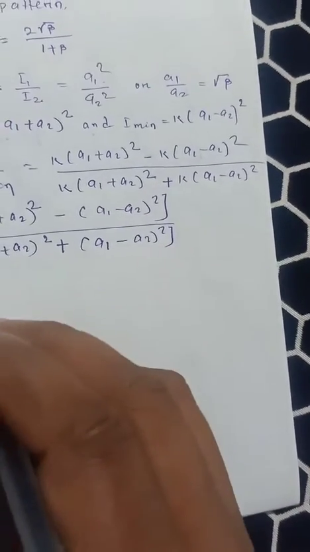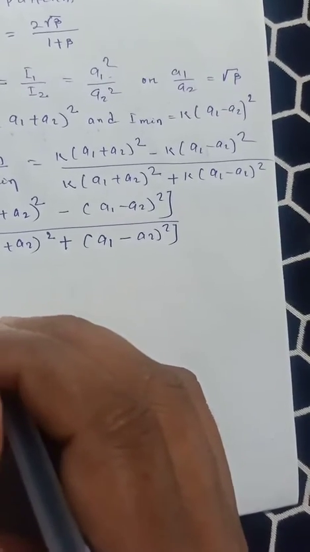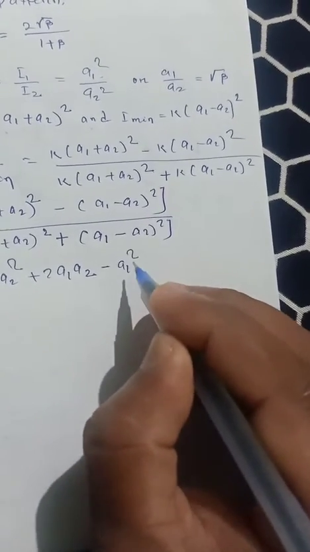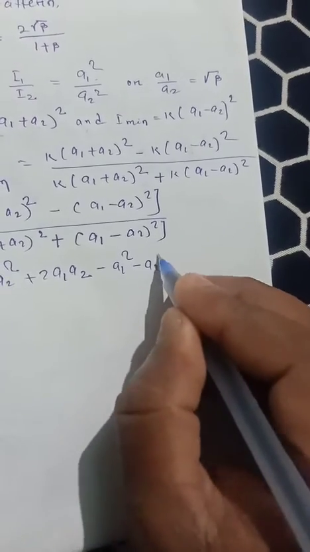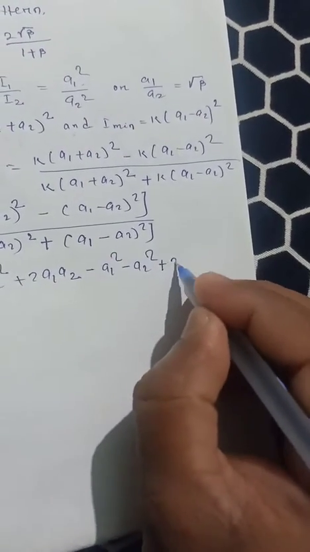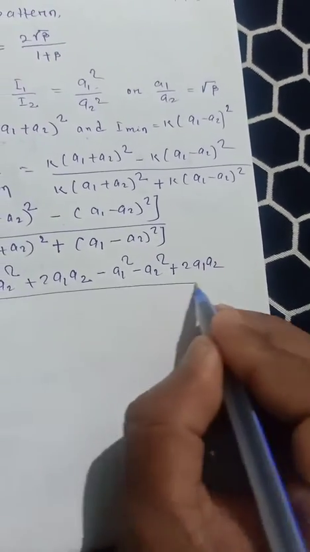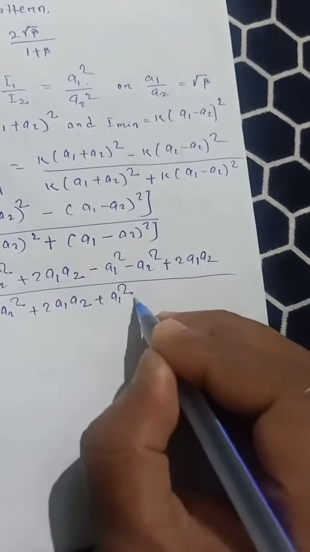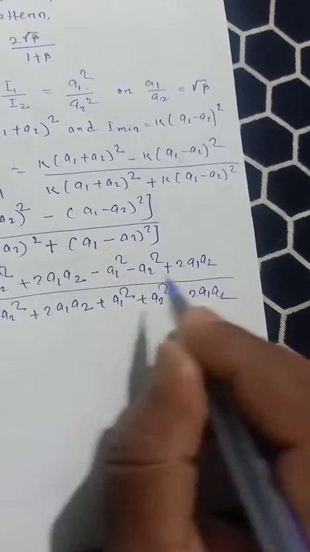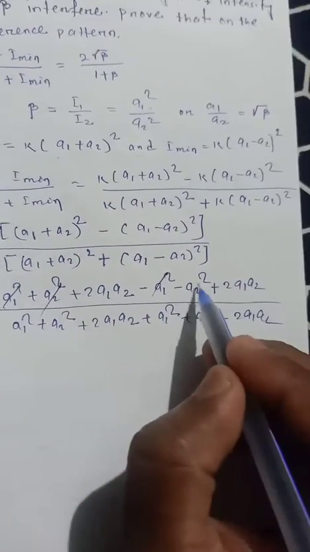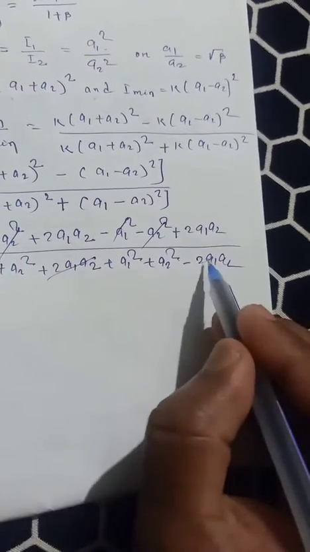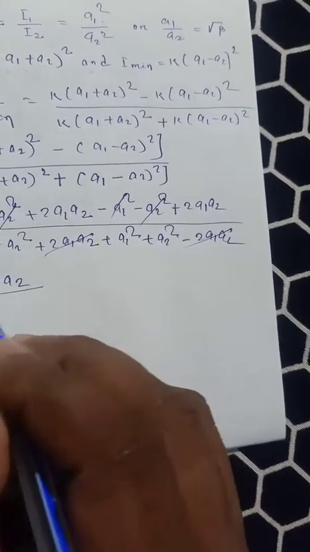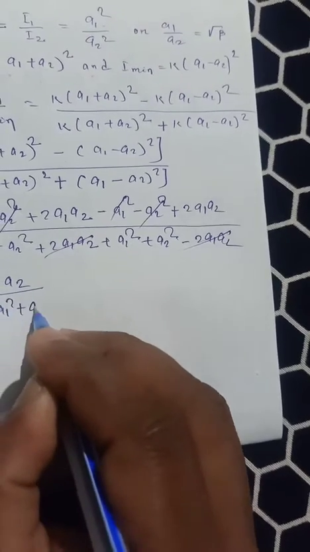So the numerator is A1 square plus A2 square plus 2A1A2 minus A1 square minus A2 square plus 2A1A2, which gives 4A1A2. The denominator is A1 square plus A2 square plus 2A1A2 plus A1 square plus A2 square minus 2A1A2. The A1 square and A2 square terms add up, and the 2A1A2 terms cancel, so we get 4A1A2 divided by 2 times (A1 square plus A2 square).